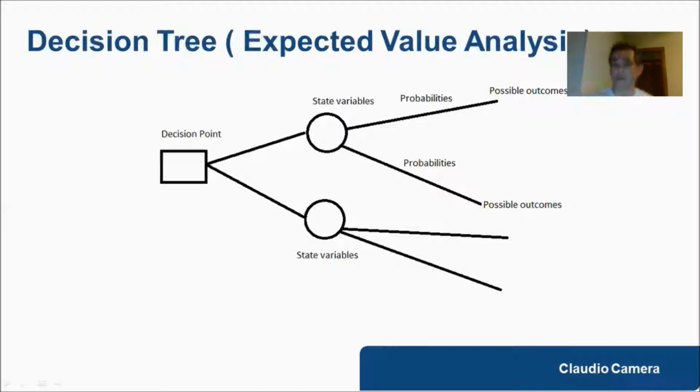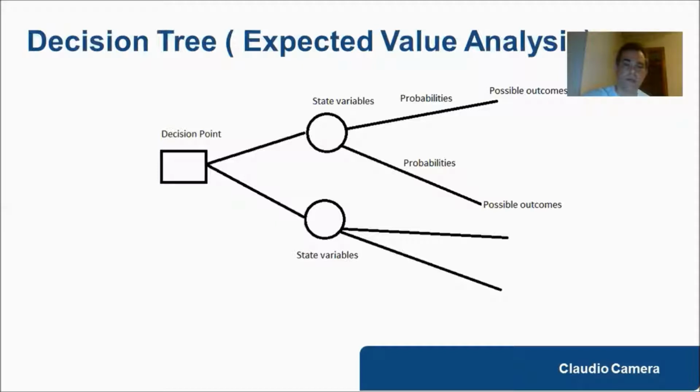A decision tree is a tool not used only in expected value analysis, but in a lot of other kinds of decision processes. It's even a very popular algorithm in machine learning, but that's not what this is about. This is about risk management and expected value analysis in particular.